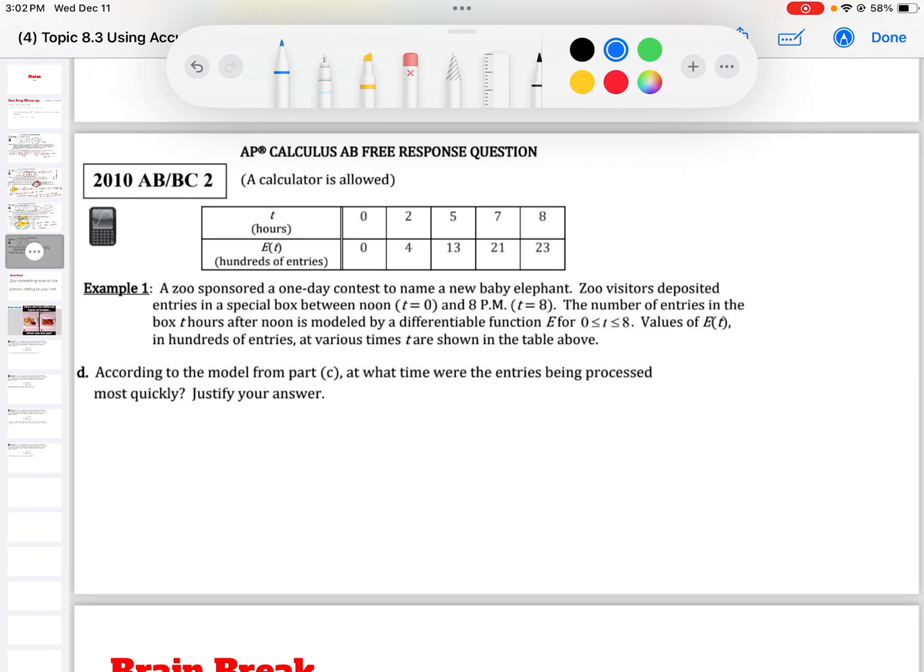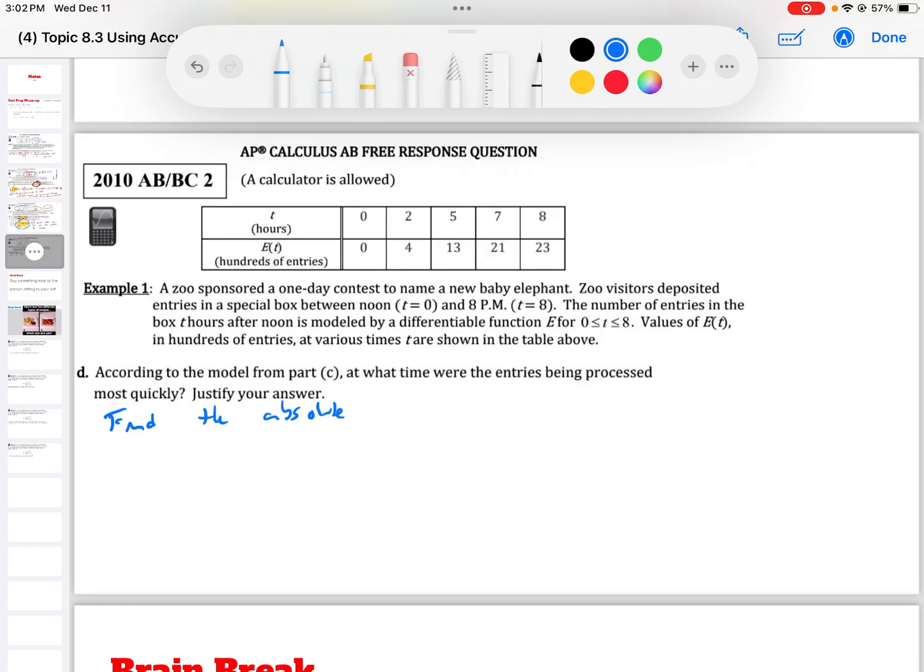All right. According to the model from part C, at what time were the entries being processed most quickly? So this is a tricky way to say a candidate test, right? The most quickly. So quickly is kind of like a rate, right?